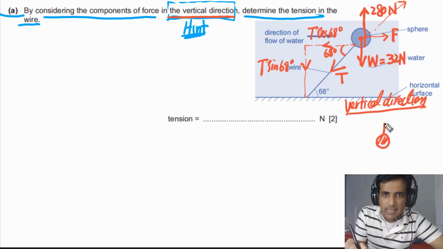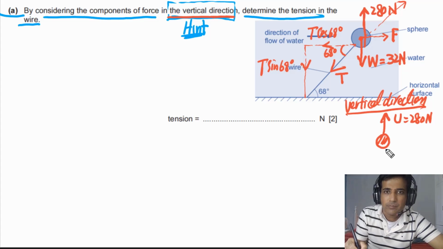One force is acting up, and this force is upthrust, and its magnitude is 280 newtons. The weight of this sphere is acting down, that is W, and its magnitude is 32 newtons. There is also a component of tension acting down, and that component of tension is equal to T sine of 68 degrees.